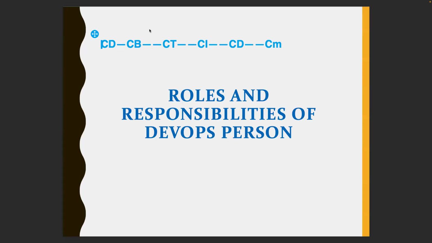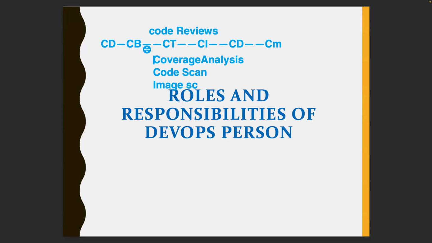In the continuous builds, you may also have code reviews implemented in the pipeline itself. You may also have coverage analysis, static code analysis, and code scans included, right? Image scans can be included in the pipeline. So these are all the different aspects. These are not mandatory. It depends on how they design the pipeline, right?